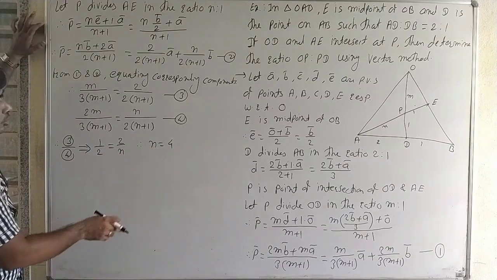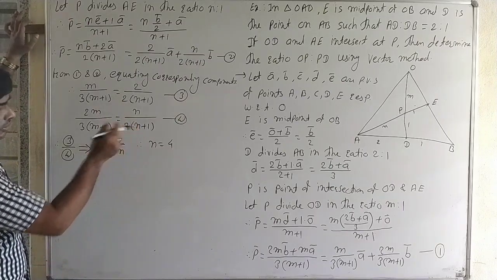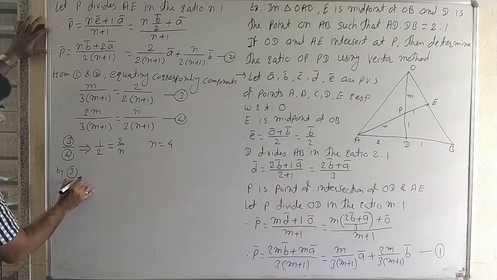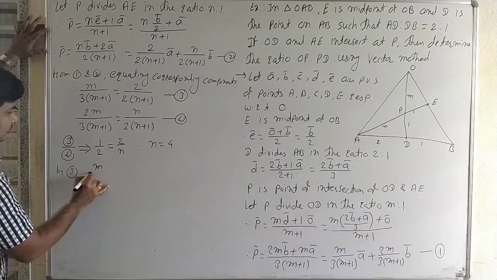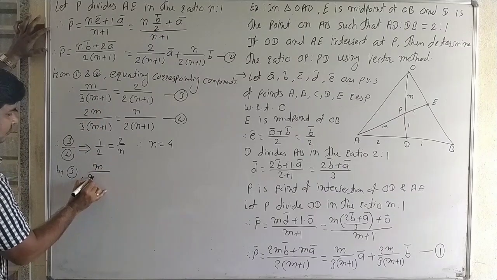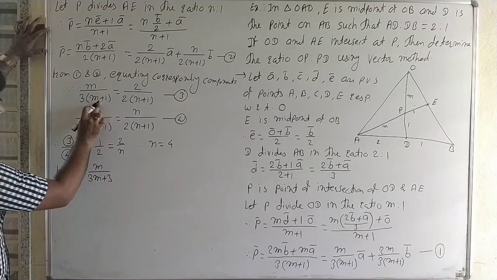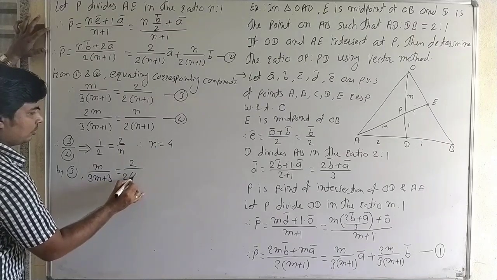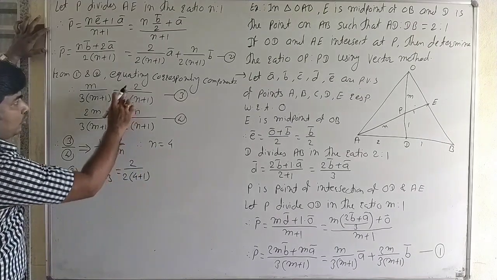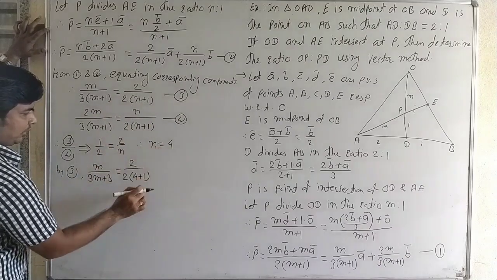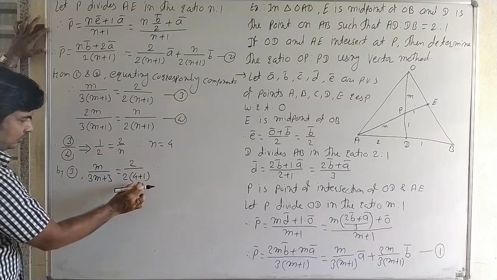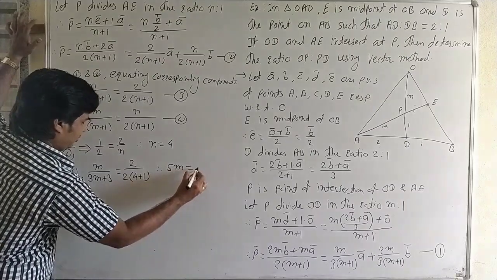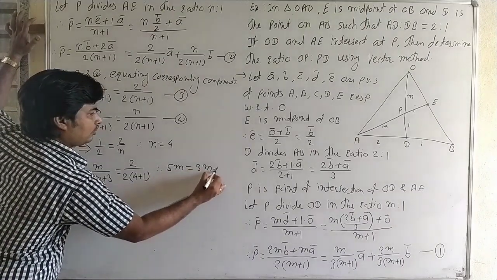Then n is equal to 4, and by using any one equation we get the value of m. By equation number 3, we get m upon 3m plus 3 is equal to 2 upon 2 into 4 plus 1. Therefore 2 gets cancelled, and here 1 by 5, so 5m is equal to 3m plus 3.